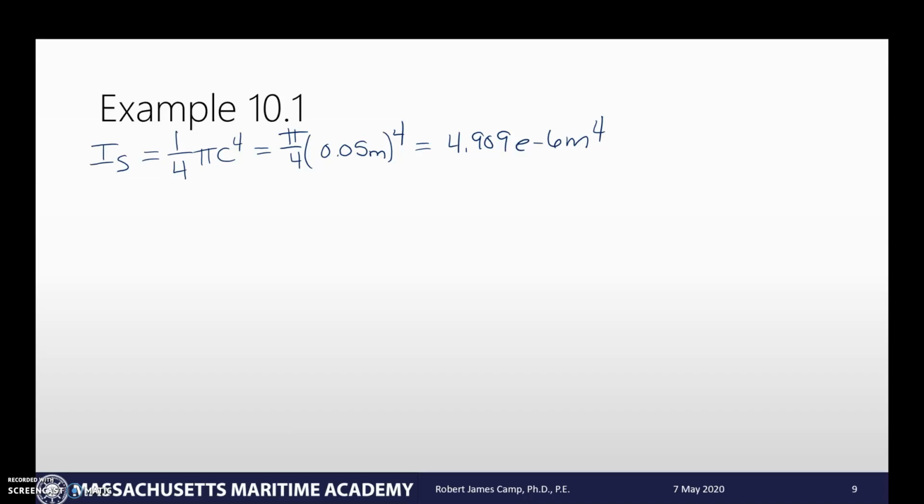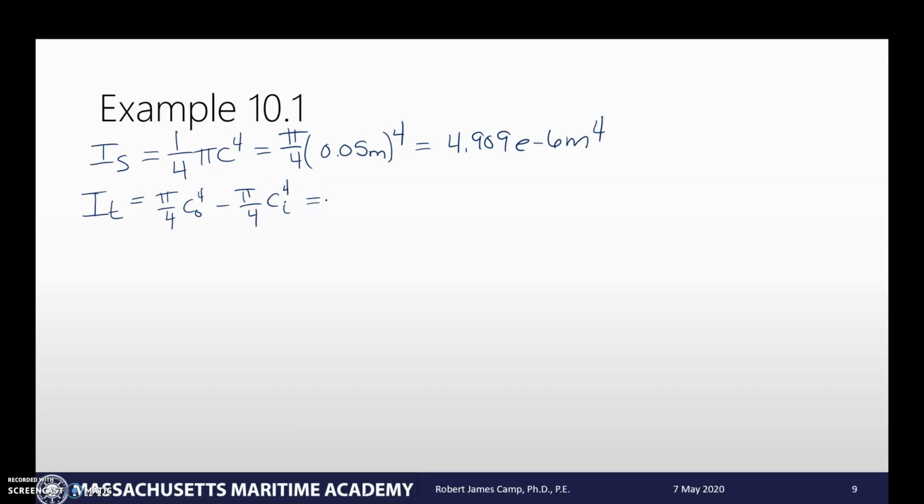Okay, and so now we've got the I of the tube. Now, we don't really have an equation for the moment of inertia of the tube, but we do have this property of superposition. We'll take the moment of inertia of the entire thing and subtract from that the moment of inertia of the cutout. So we can go pi over 4, c to the 4th, and that would be our outside, minus pi over 4, c to the 4th of the inside radius.